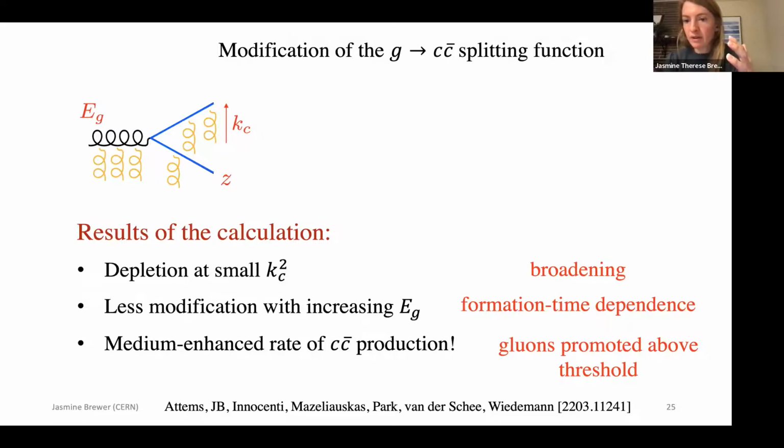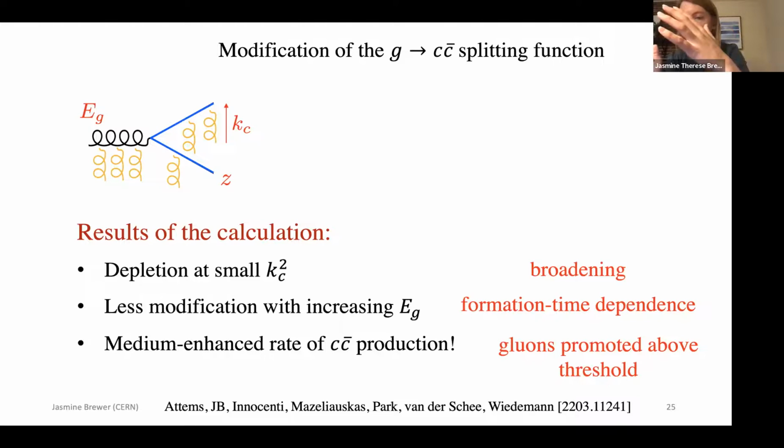If you think about this as a probability distribution, already in perturbative QCD you had some probability distribution for how charm quarks are produced as a function of this angle or relative momentum. And in the presence of a medium, on average, this angle gets larger.